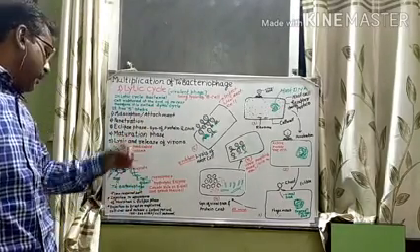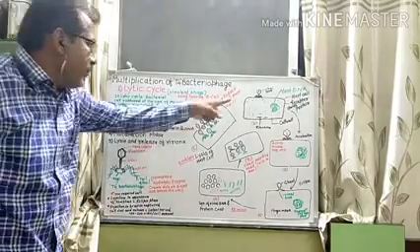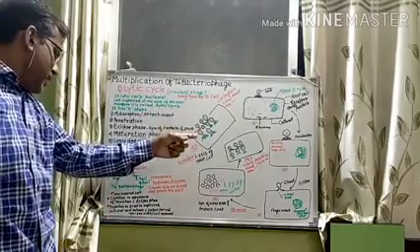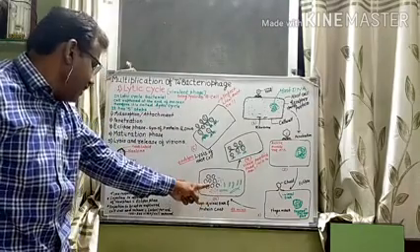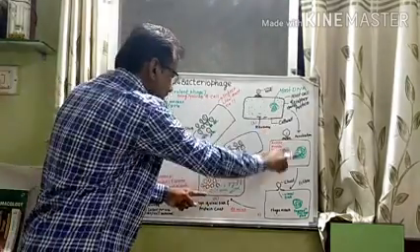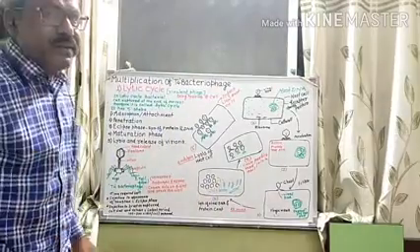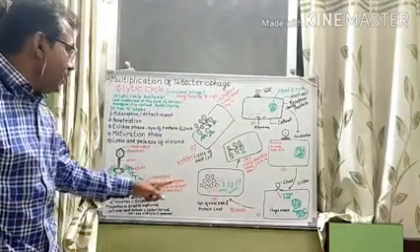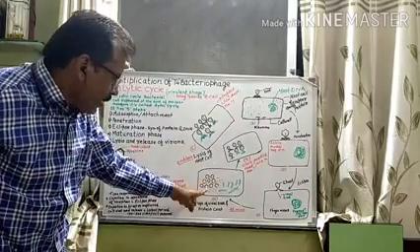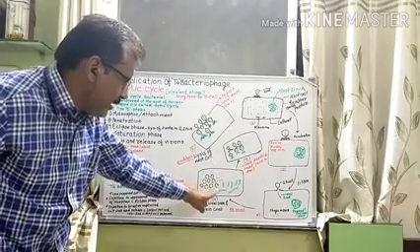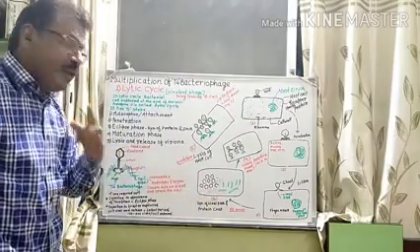So the time required from injection to the appearance of these new viruses, this phase is called the eclipse phase. From the infection to the formation of virus particles, that is called the eclipse phase.